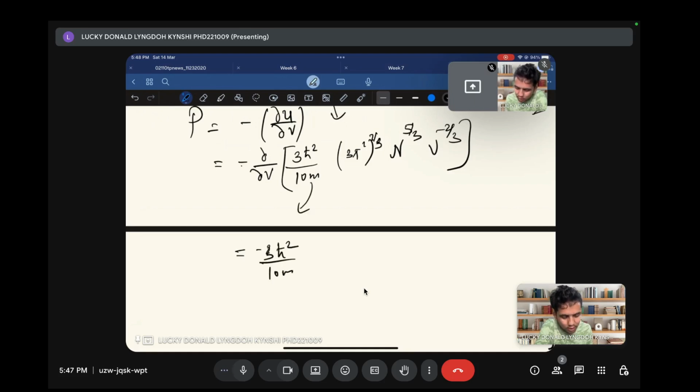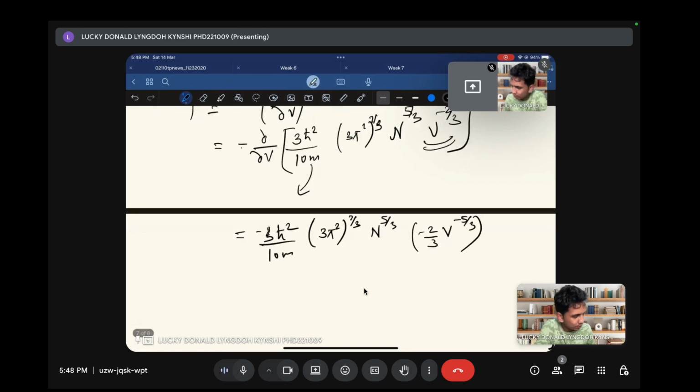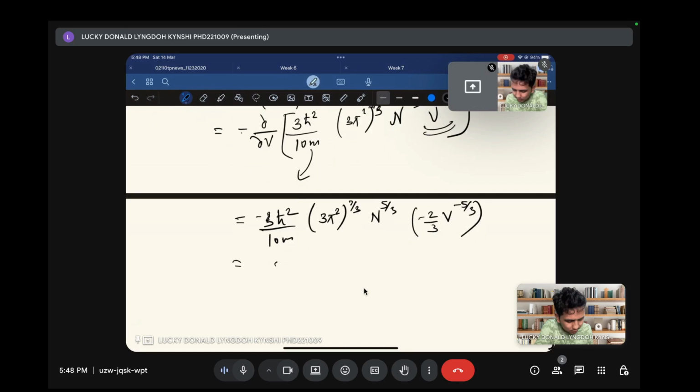This will go out because it's a constant term, and we get (3π²)^(2/3) and N^(5/3), because they are all constants and you have to differentiate with respect to this term. So how do you differentiate? We'll get minus 2 by 3 V to the power minus 5 by 3. Again, the 2 and 10 will get cancelled, so we get 2 by 3 and U by V.